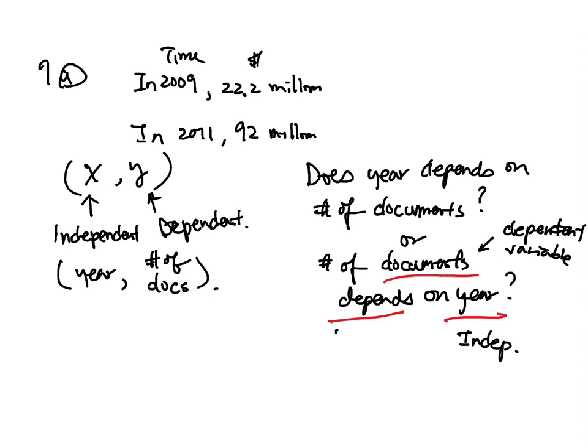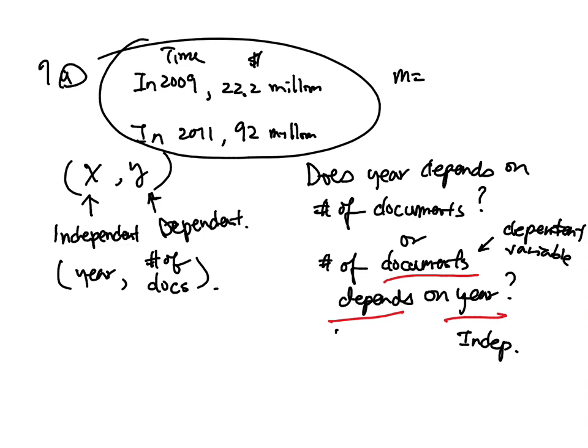Okay, so from here this is what we're going to use. Our slope is going to be 92. Don't worry about the million part. We'll keep that million label in mind. Minus 22.2 over 2011 minus 2009. So calculator, it says 92 minus 22.2 is 69.8 million over 2011 minus 2009, that's 2 years.